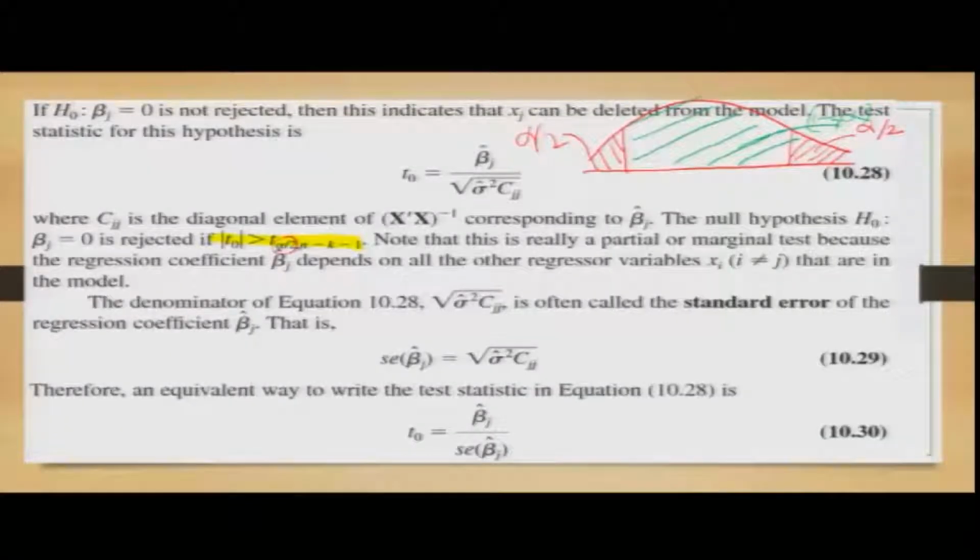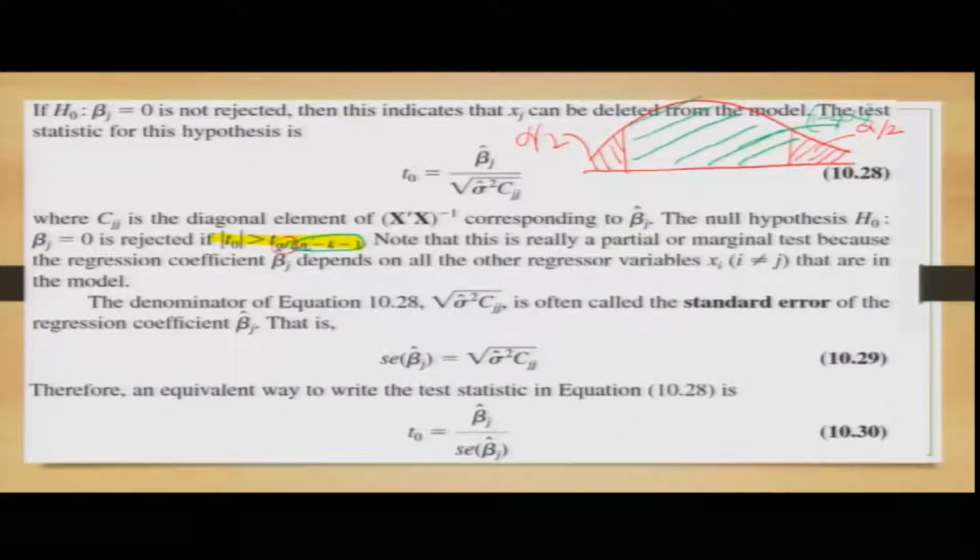And finally, this n minus k minus 1 is the degrees of freedom, depending on the experiment we are doing. n is the total number of observations, k, if you remember, is the number of variables depending on which y can be estimated, and the minus 1 is because you are losing one degree of freedom.